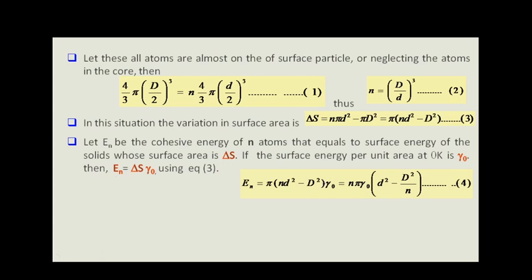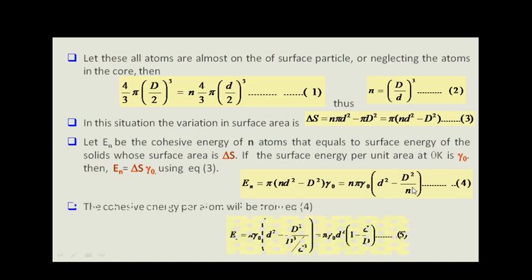So, En is equal to delta S multiplied by gamma 0, where the delta S value we get from equation 3, and then further I will take out n as common. So, I will have an equation where it is d square by n. And now if I check the cohesive energy per atom, that means I divide the LHS, that is En, the cohesive energy, by n, where n is the total number of atoms.